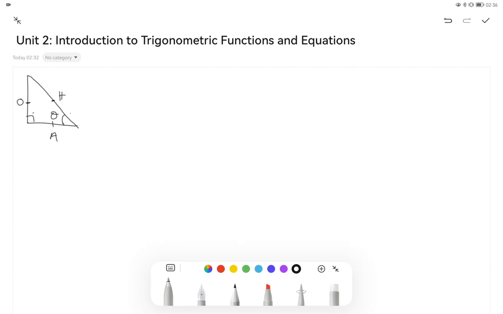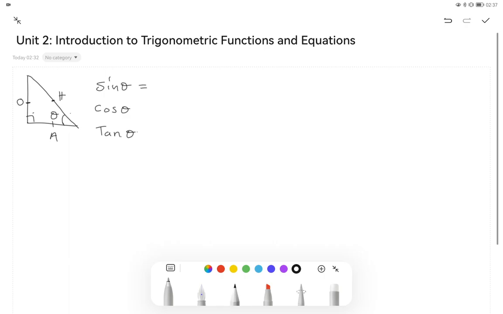As we saw from senior 2 books, we have three basic functions. So we have sine of that angle theta, cosine of that angle theta, and tangent of that angle theta.